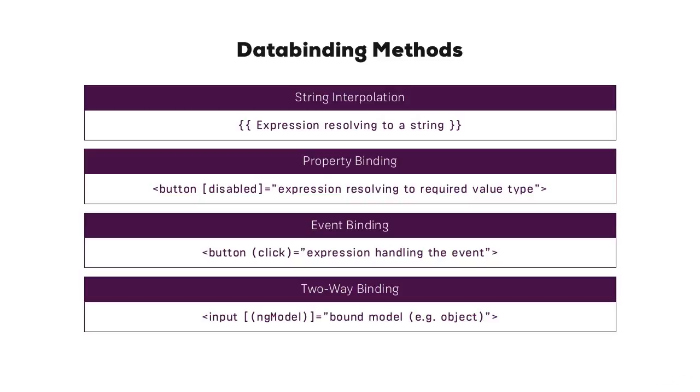Squared brackets, then parentheses, and then ngModel inside of that. And as you probably see, it's the combination of property binding, where you use squared brackets, and event binding, where you use parentheses. And this, of course, is no coincidence, but instead, it makes sense to mix both syntaxes, because two-way binding, as the name implies, is two-way.